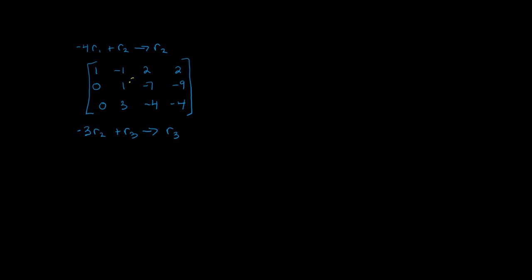So I'm multiplying this by -3. And you would be multiplying the 0 by -3 as well, but 0 times anything is still 0. So we're going to have 0, -3, +21, and a +27.